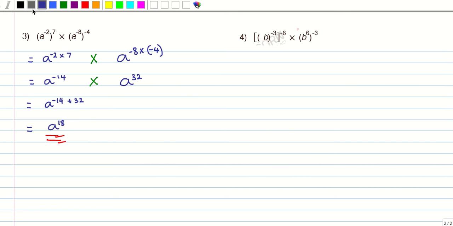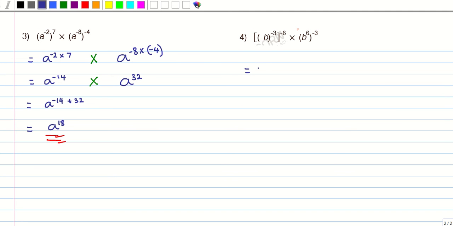Okay, now we look at the final example where we have negative b to the power of negative 3 into the power of negative 6 times b to the power of 6 into the power of negative 3. Now we use property number 3.